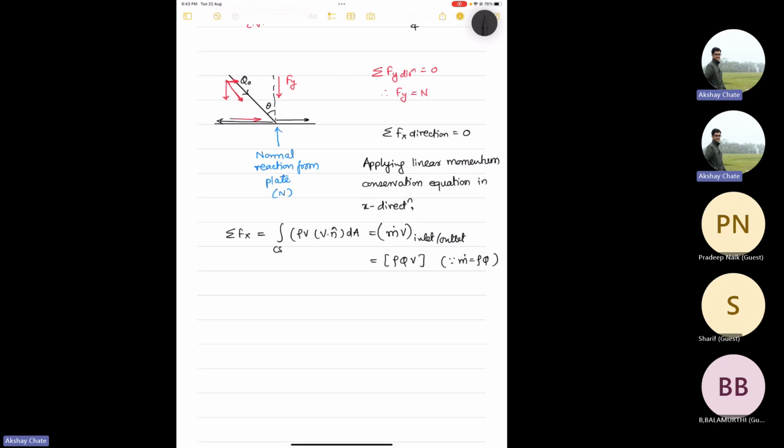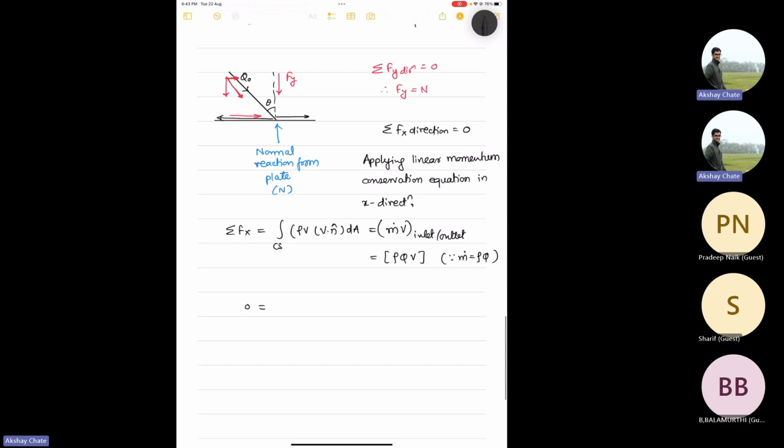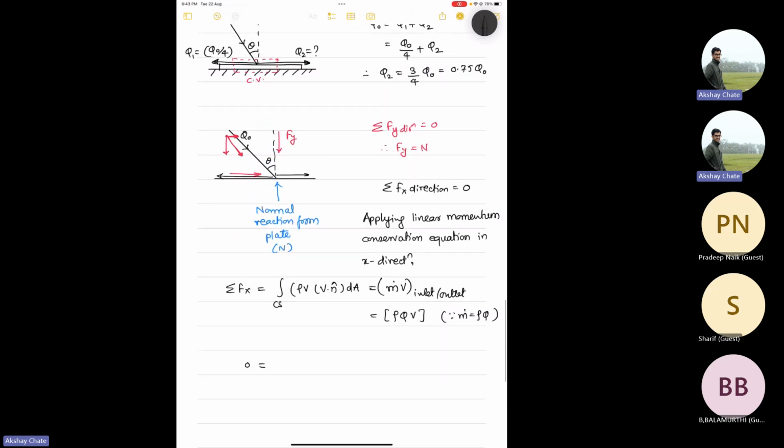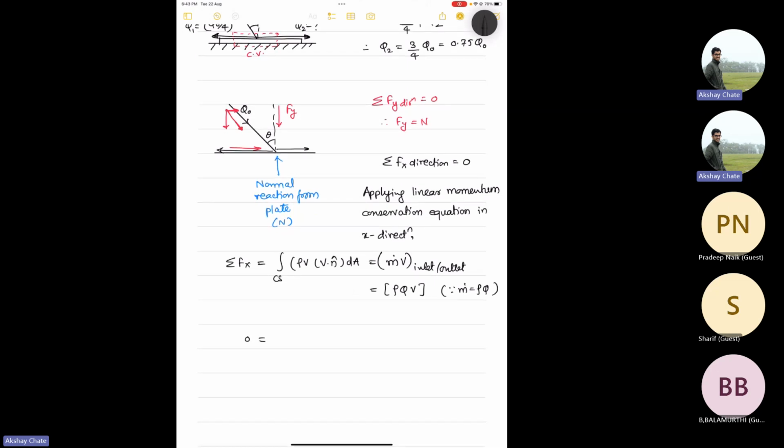So now the net force in the x direction is 0 because the system is in equilibrium. Now in the control volume that we have chosen, the plate, the m dot v outlet minus inlet term is there, right? So outlet will be considered as positive.